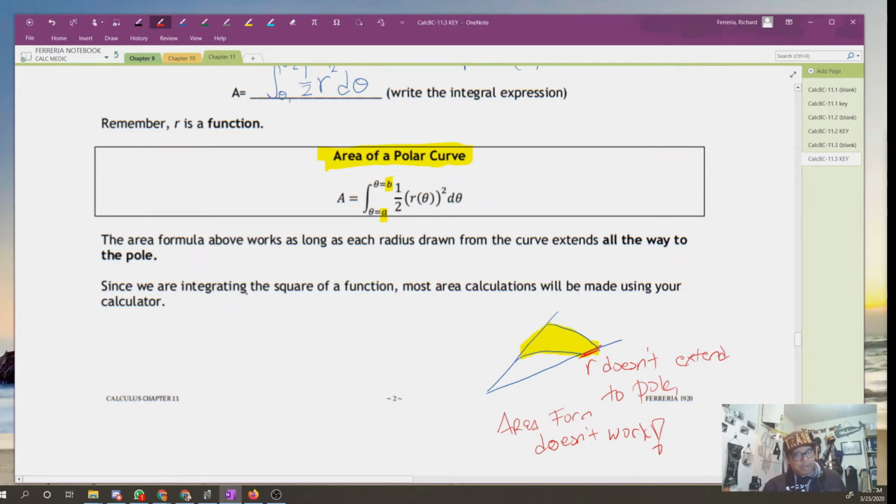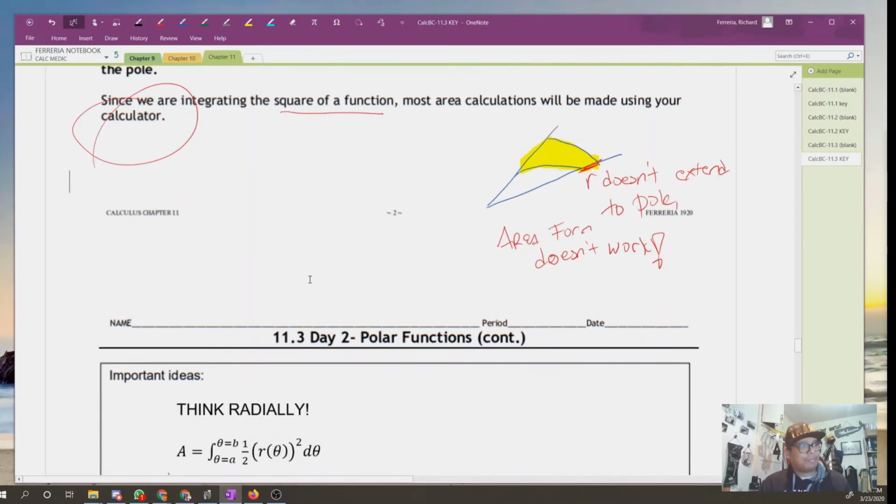By that same token, since we're integrating the square of the function, we're mostly going to be using a calculator unless our integrand simplifies really nicely into something that we can integrate. So have your calculator ready, and we're going to start now.